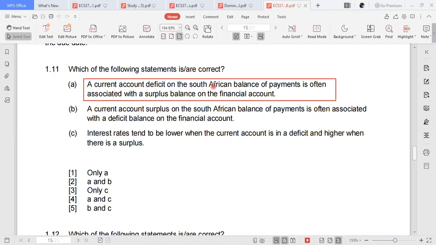We have many countries that experience deficits on all sub-accounts. That would be on a theoretical basis. So with regard to the contextual basis of South Africa itself, our current account is on a surplus side. So already we can point out B.